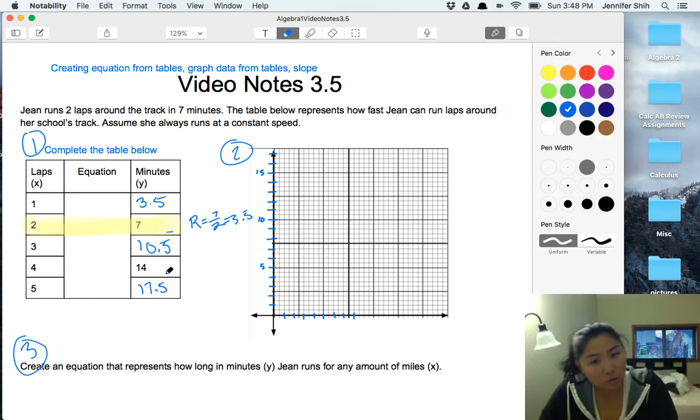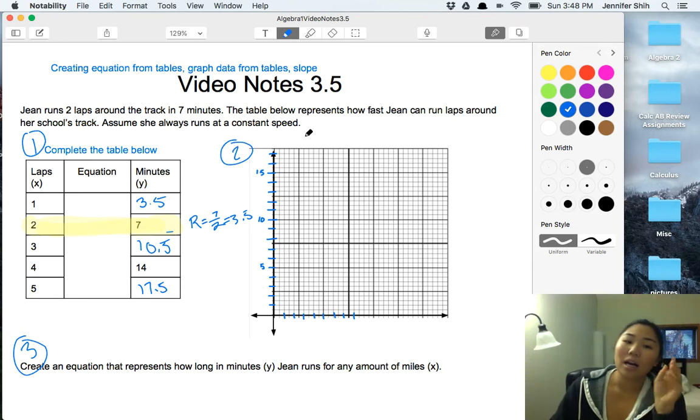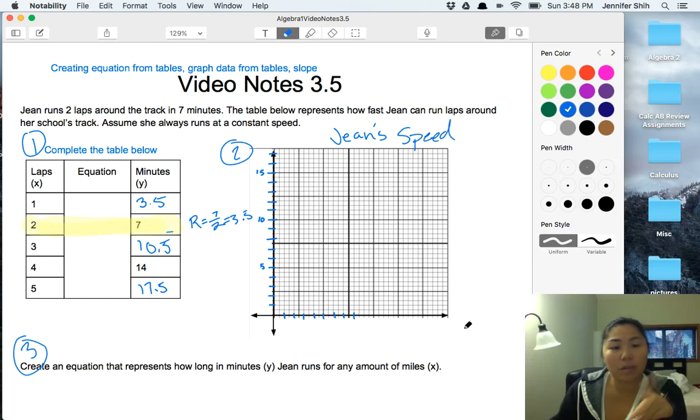So let's graph this now. This equation, the center place right here, we are going to come back to that. Graph. This is Jean's speed. Okay, so this is going to be my x-axis, which is my independent variable. This is going to be in laps.